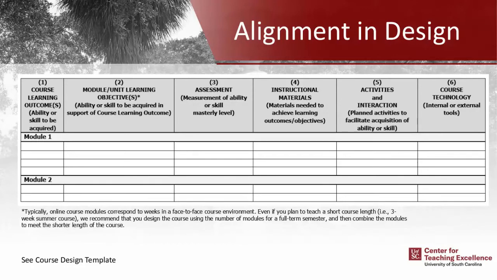So your outcomes and objectives determine what it is that you want your students to be able to do by the end of a course or a module. Assessments, instructional materials, learning activities, and interactions and technologies are used in the course to contribute to the accomplishment of those learning outcomes and objectives.